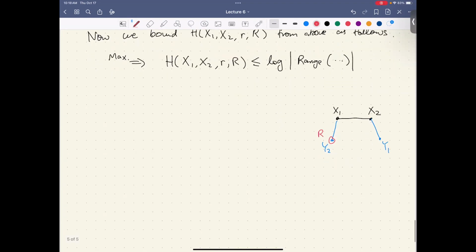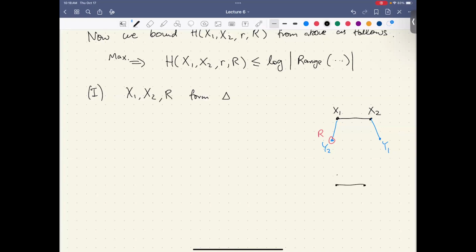So now, case 1 is when x1, x2, and r form a triangle.